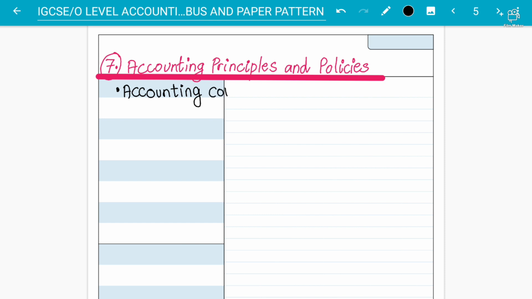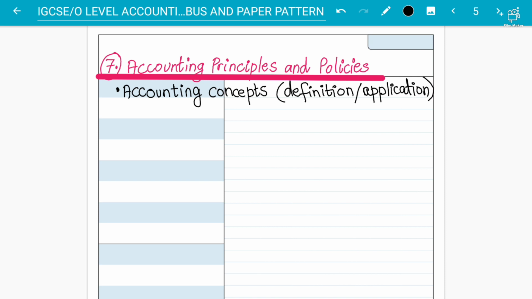So you must learn the definitions of them. They can ask you definitions on accounting concepts. They can also ask the application, using MCQ or the theory paper. So definition or application both can come. That is very important to understand.